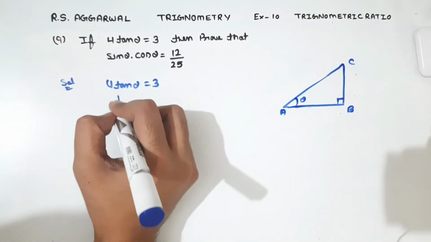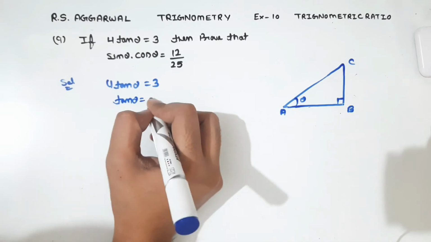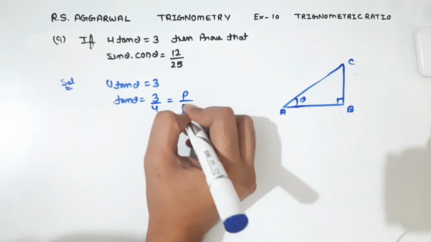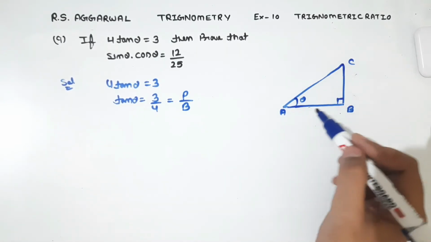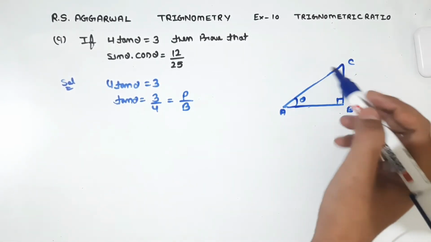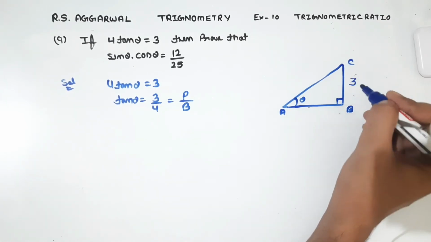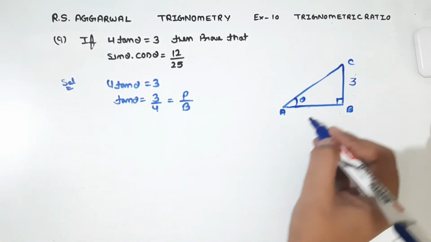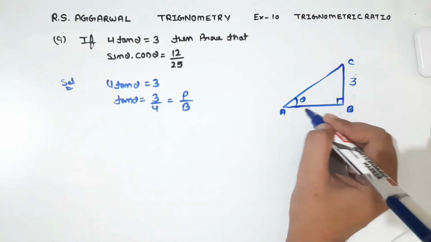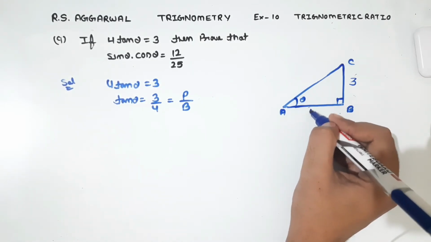So from here tan theta will be equals to 3 upon 4, that is given by perpendicular upon base. So in right triangle ABC whose angle A is theta, our perpendicular will be BC, that is 3, and base will be side adjacent to angle theta, that is AB, that will be 4.